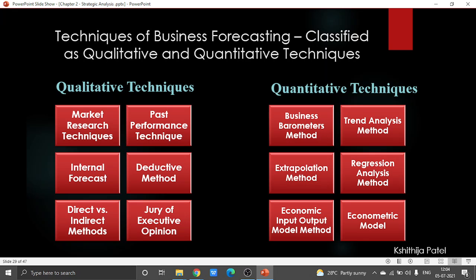Then we have one more, that is jury of executive opinion. In this method of forecasting, the management brings together the top executives of different functional areas in the organization.